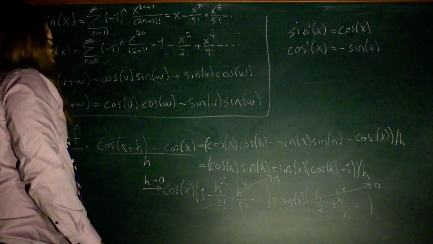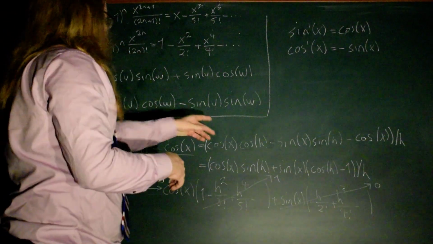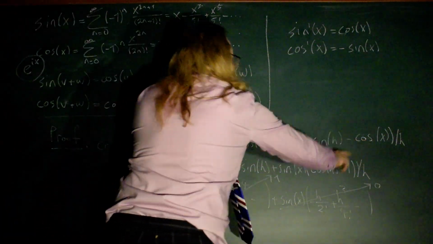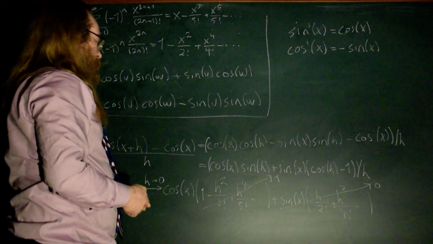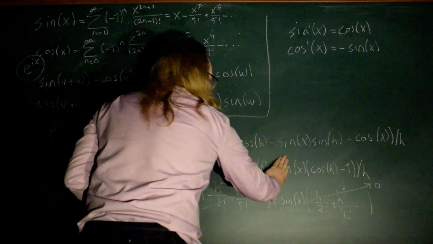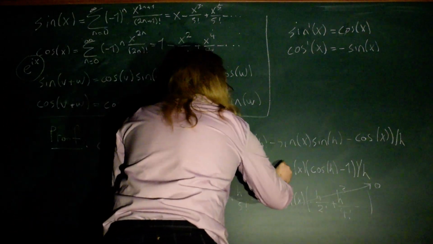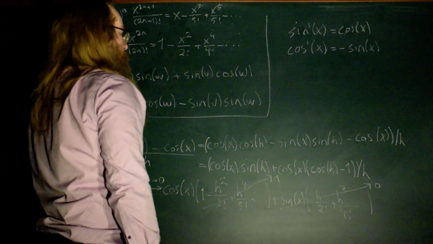All right, beautiful. So what happens now? The exact same thing. We have a cosine here, and we have a cosine here. We have a common term, right? So we'll do the same thing as we did here. We'll put the cosine outside of a bracket.